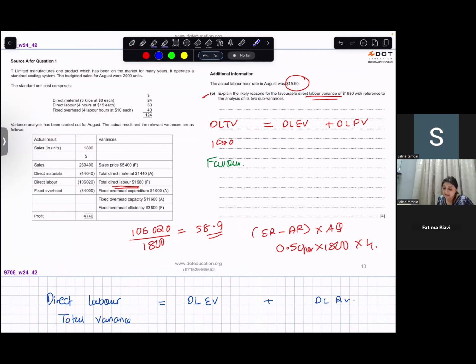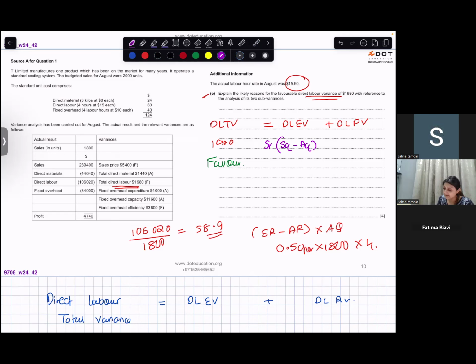I have a 1,980 favorable variance. I know that the direct labor total variance is made up of direct labor efficiency variance and direct labor price variance. So what is the formula for direct labor efficiency variance? Standard quantity minus actual quantity, times standard rate.